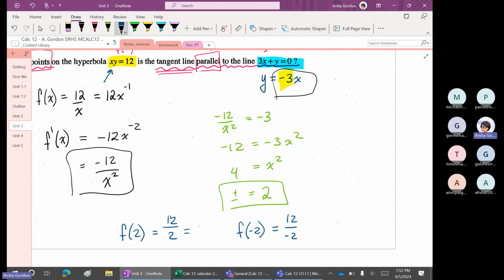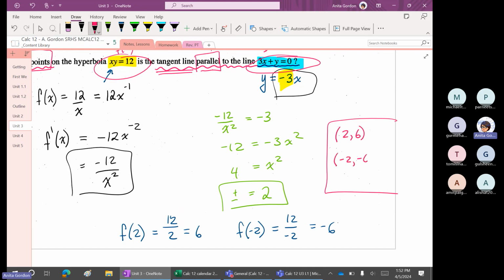So this is 6 and -6. So, final answer. At what points does this hyperbola have a tangent parallel to this line? At the points (2, 6) and (-2, -6). Yes, sir.